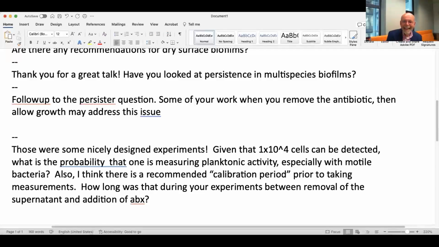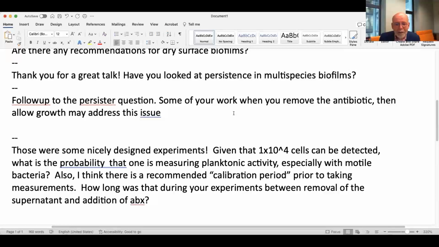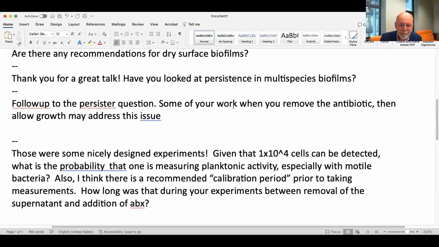We could determine by the lag time the amount of surviving bacteria. So I know that you can easily determine the amount of bacteria sitting on a surface using strategies that we describe in that paper.